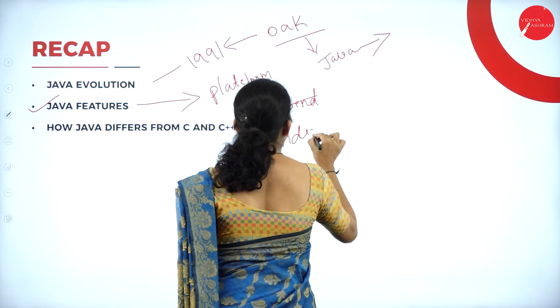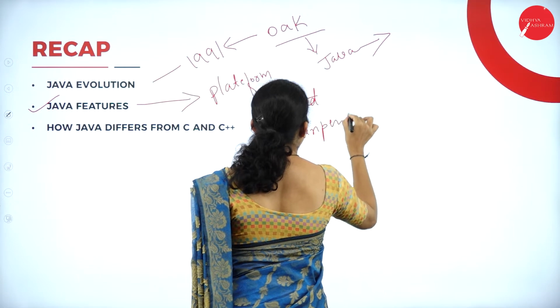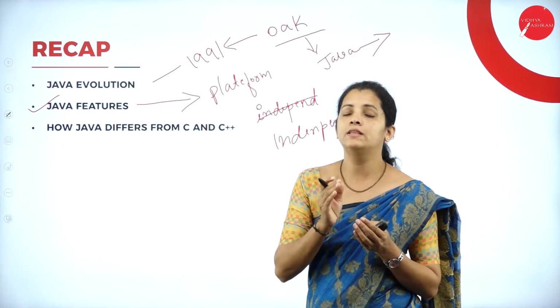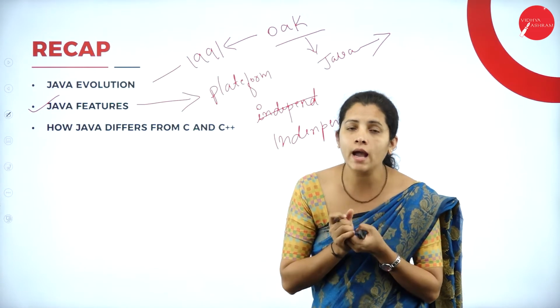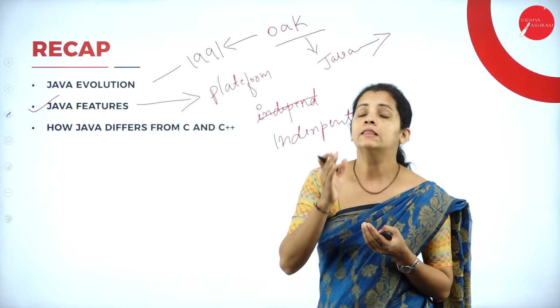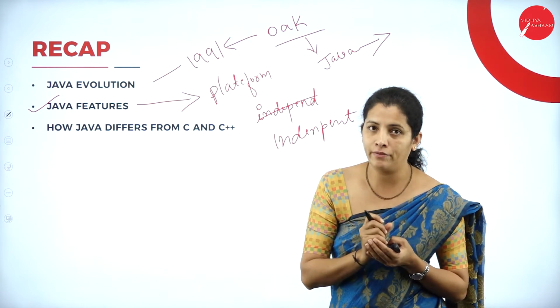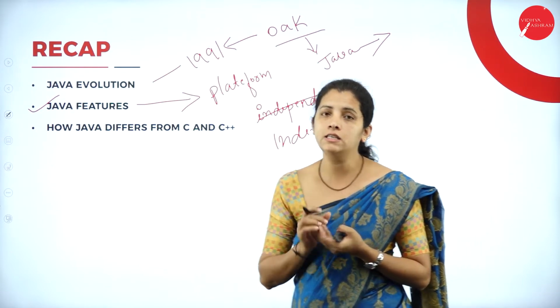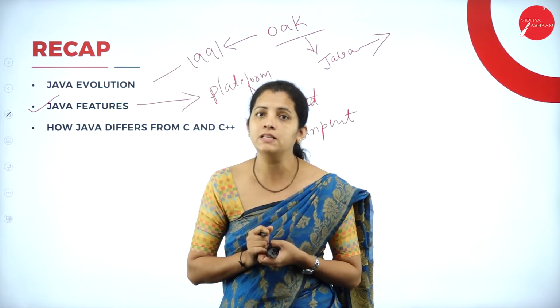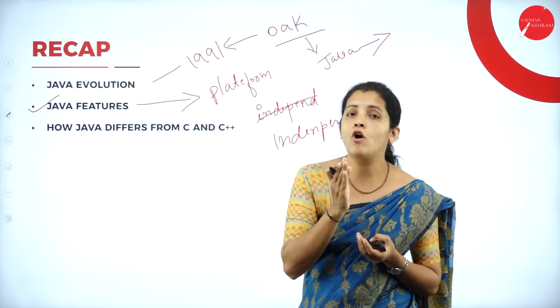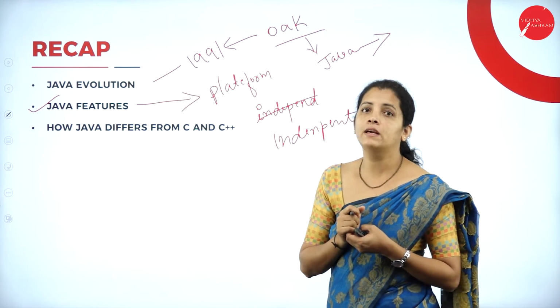Platform independent. So what is platform independent? That means whatever program we are going to have does not depend on any platform. Suppose I consider C or C++ programming language, that is a platform dependent programming language.